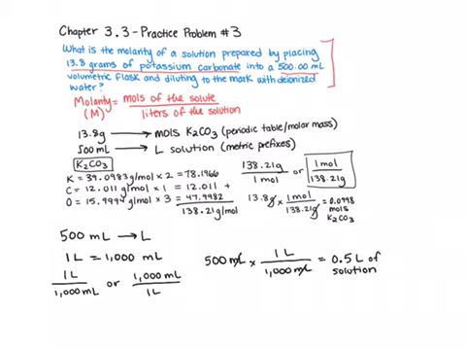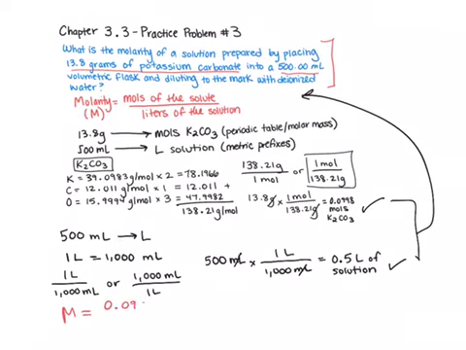So now we have both moles and liters of the solution that we can just plug back into the molarity equation and solve for what we were trying to find in the first place, the molarity of a solution prepared by placing potassium carbonate in deionized water. So we know molarity, big M, is equal to moles of the solute, which we calculated as 0.0998 moles, divided by liters of the solution.